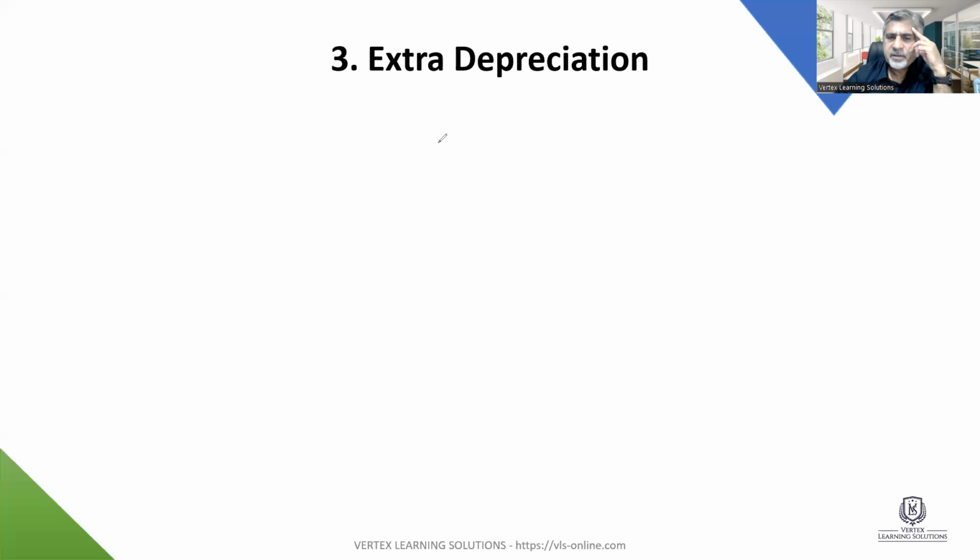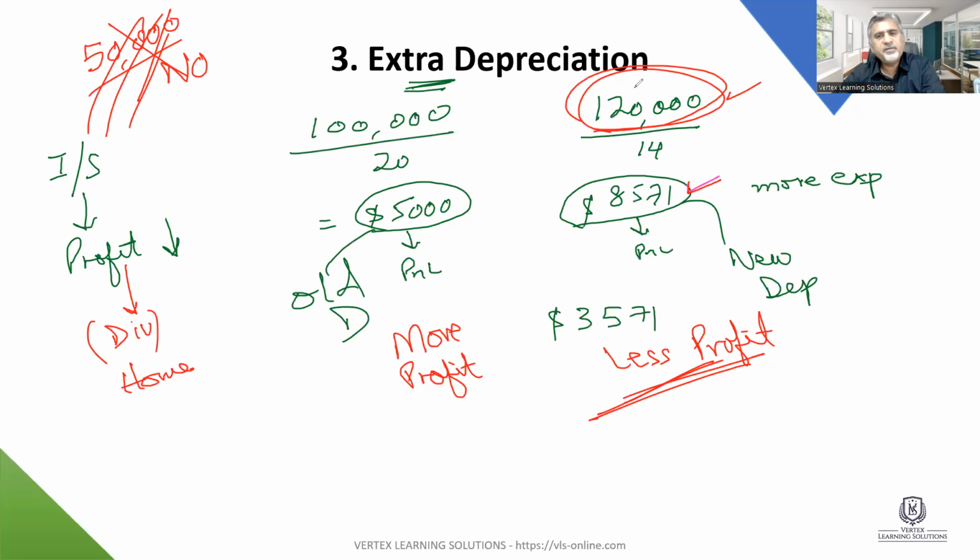I say, okay, sir, how much is the difference? Where is the problem? And he said the problem actually lies with this amount, the extra depreciation. Last year you were charging 5,000, now you are charging more. Issue is 3571.